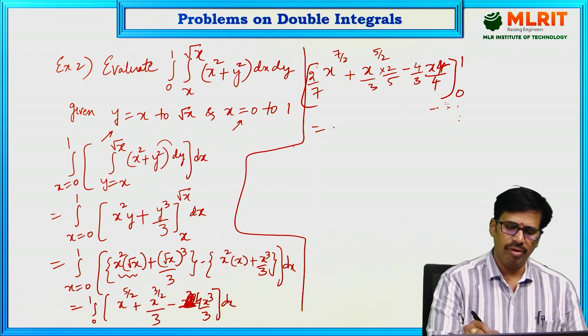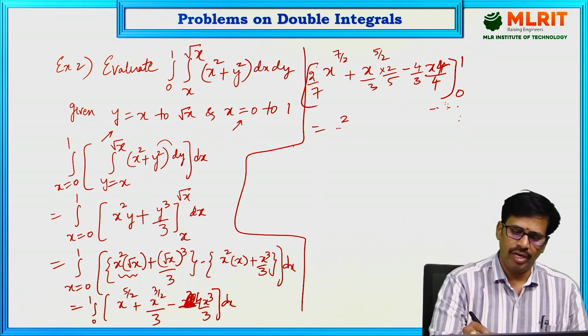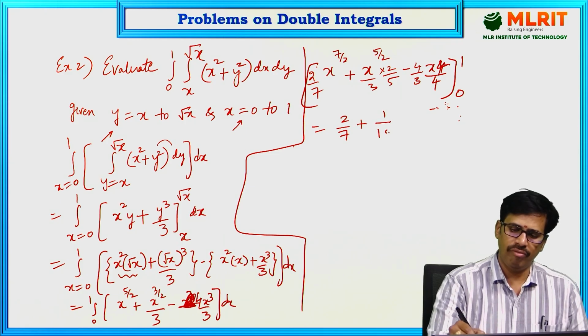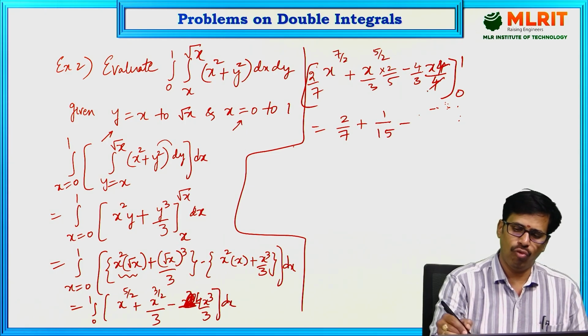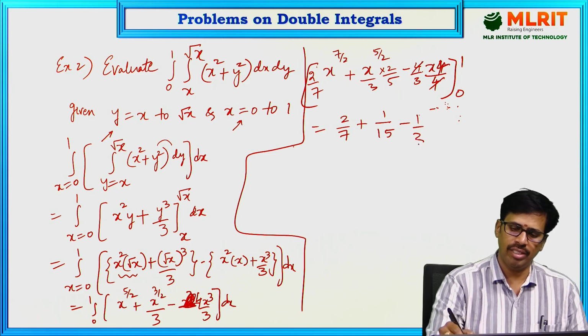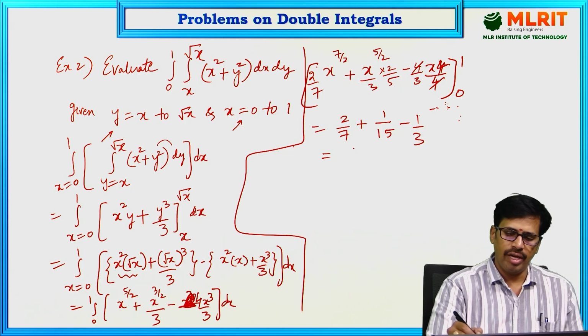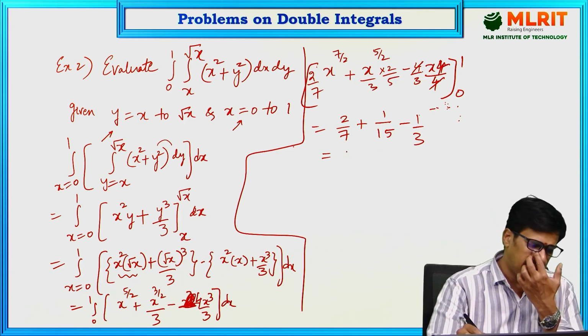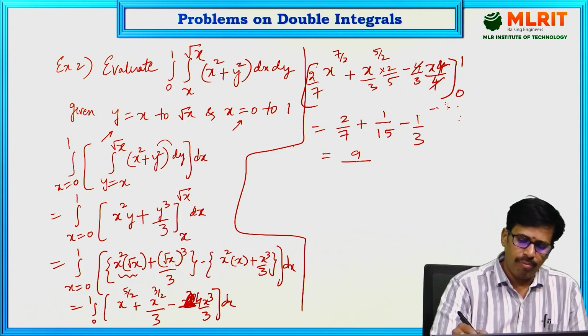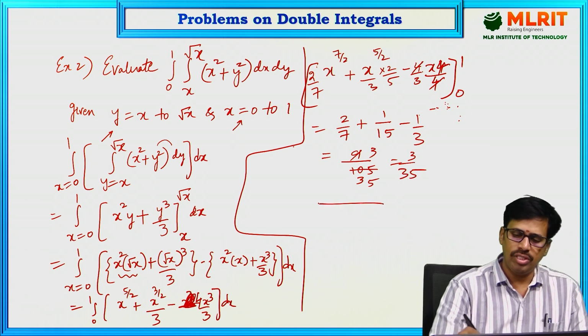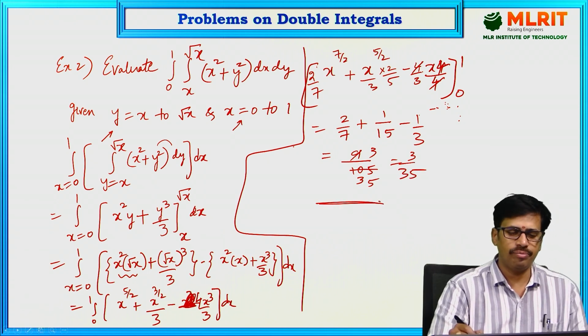If you simplify this, we get 2 by 7 plus 2 by 15, minus 1 by 3. Taking the LCM, this is 9 by 105, so 3 by 35. So this is how we evaluate the double integral.